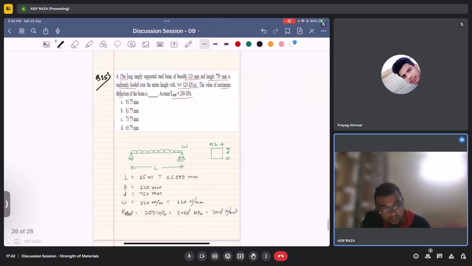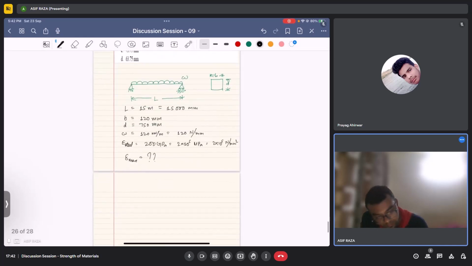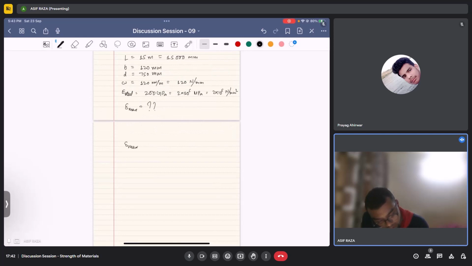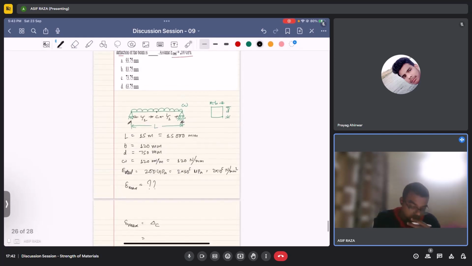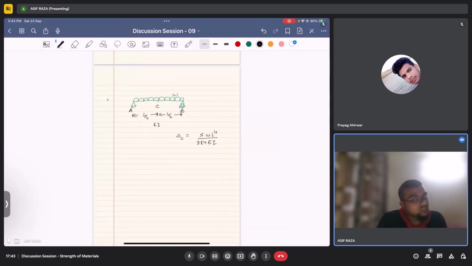Now let's calculate, we need to find delta max. So this is A, B, C at the center. For this case, delta max would be equal to deflection at C. And this is the case of a simply supported beam with the UDL, so it is equal to 5WL^4 by 384 EI.